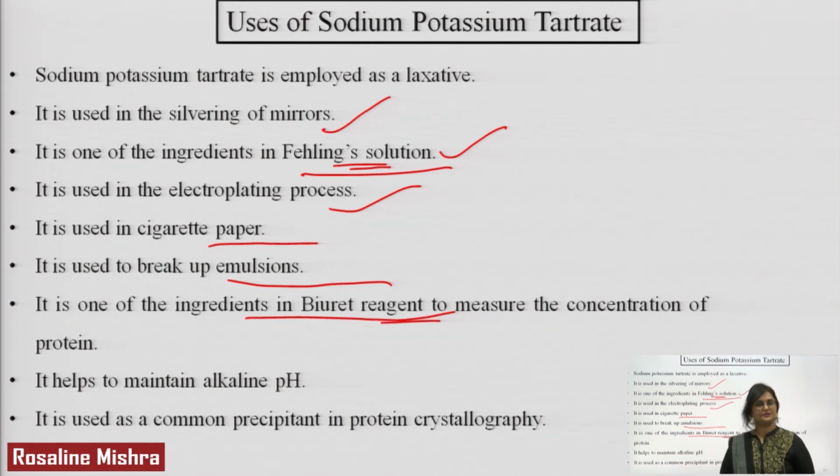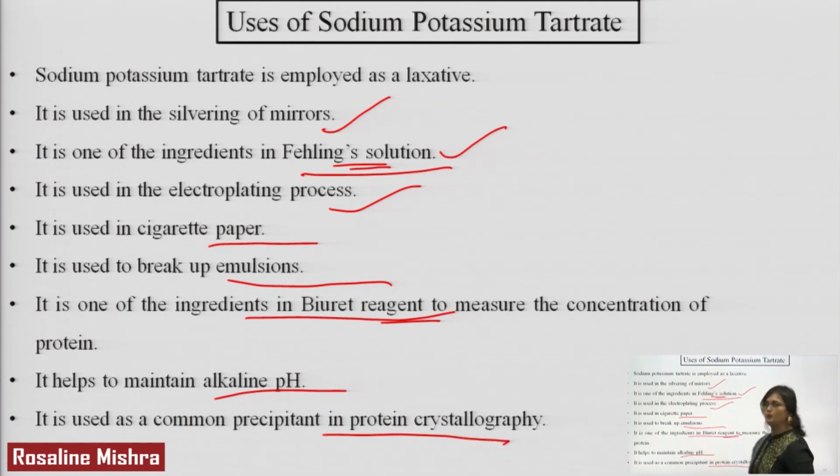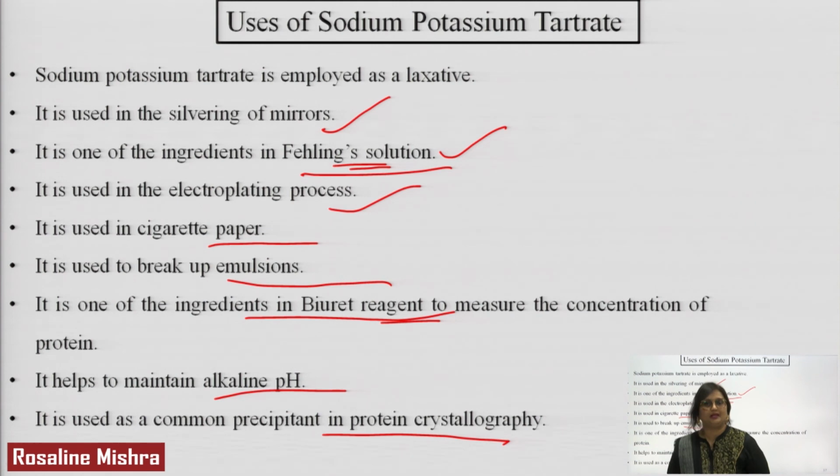It also helps to maintain the alkaline pH. It is used as a common precipitant in protein crystallography as well. So these were the major uses of sodium potassium tartarate, also known as Rochelle's salt.